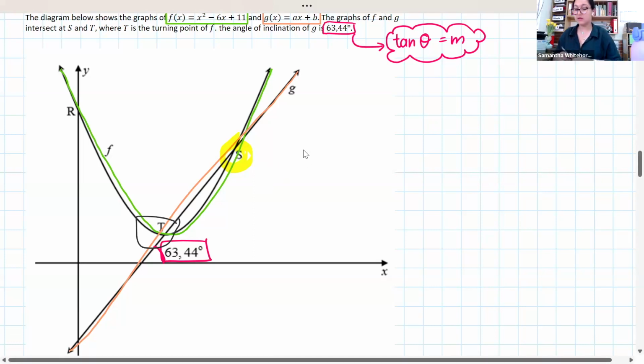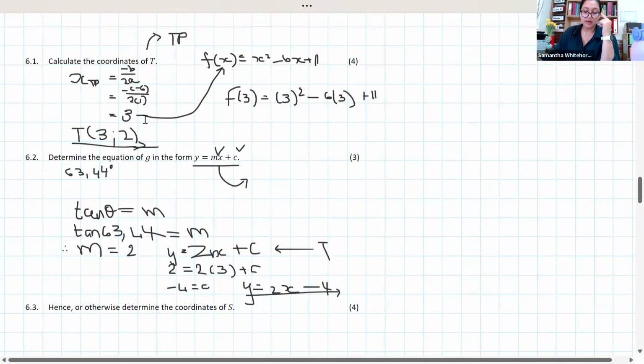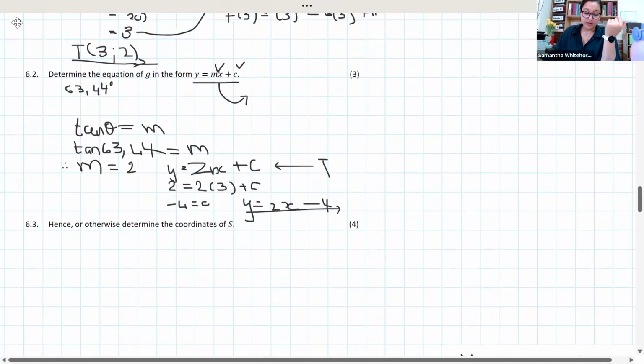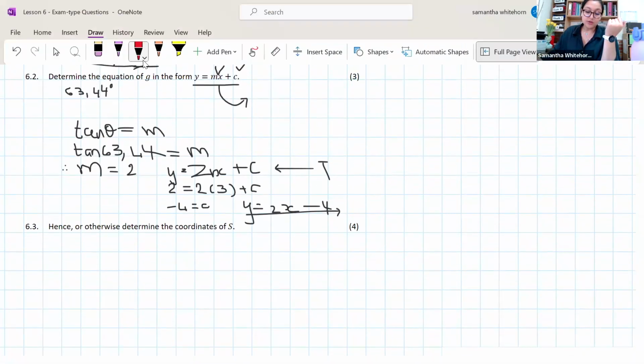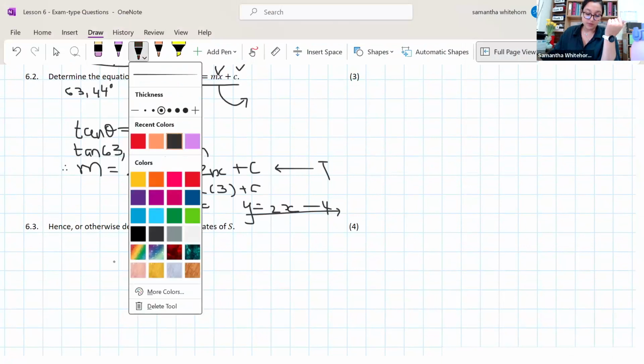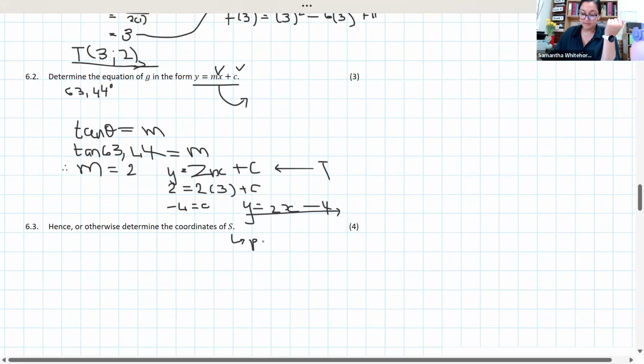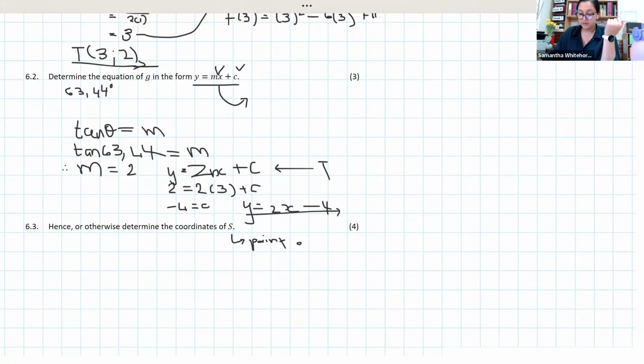Now you have got both the straight line and the parabola's equations, which means that we can go and find our point of intersection. How do we usually find a point of intersection? Good, Emmanuel. We equate those two graphs.